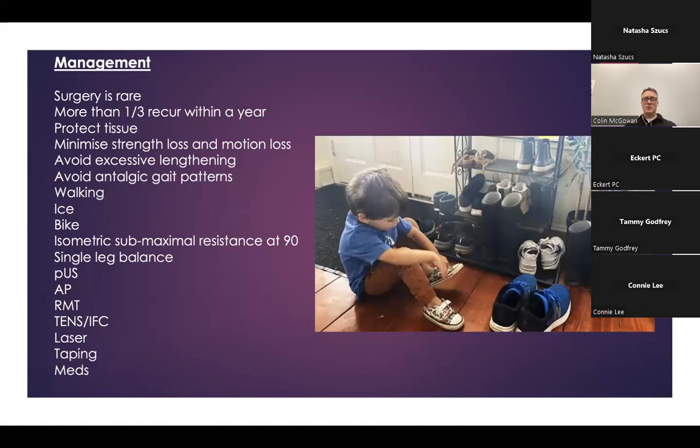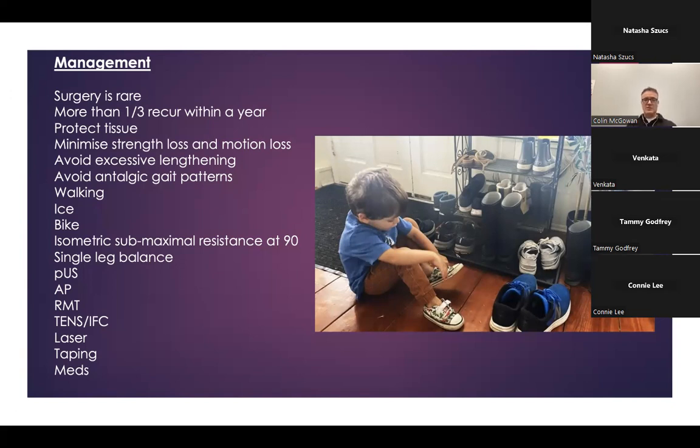And that's a big one with hamstring and calf strengthening and stretches. Just don't go into pain. Keep it comfortable. And you want to correct gait issues. Common things to do: walking, ice, bike, all the usual physio stuff. Some single leg balance exercises are nice and safe to do.